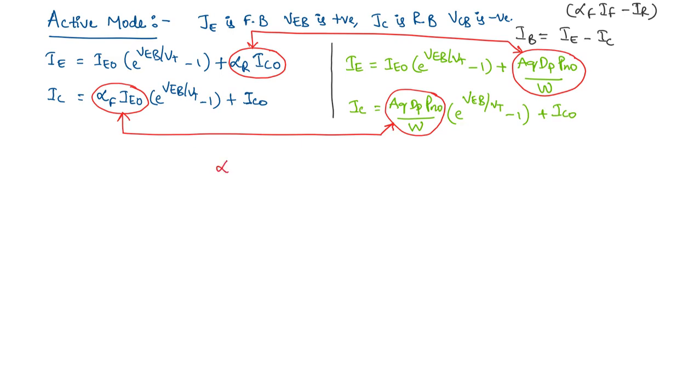So let me write this down here. That is alpha F IE naught is equal to alpha R IC naught.